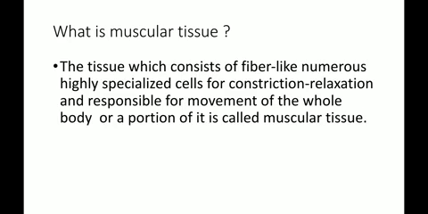If you look at the definition, you can see that muscle tissue consists of fiber-like muscle cells which have a high power of constriction and relaxation, and this tissue is responsible for movement of the whole body or a portion of the body.